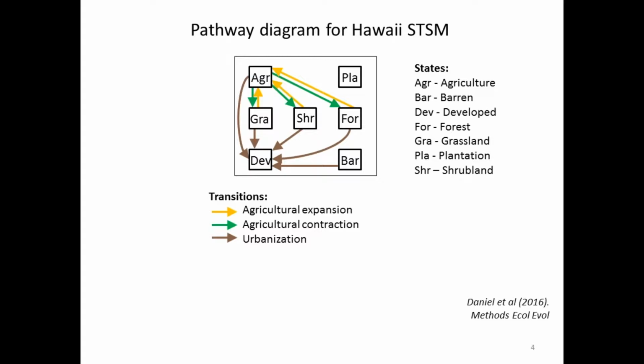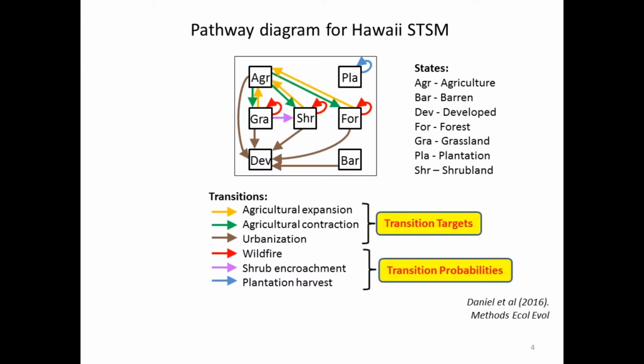We have urbanization, where we're turning different chunks of land into developed. We modeled wildfire in some of the vegetative states. We had this one dynamic that was going on in Hawaii, which was the encroachment of shrubs into grasslands that we modeled. And we also had the harvest of eucalyptus plantations.